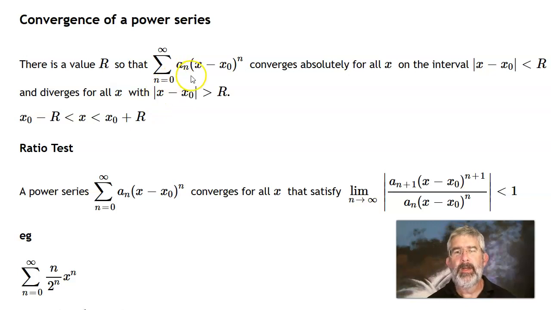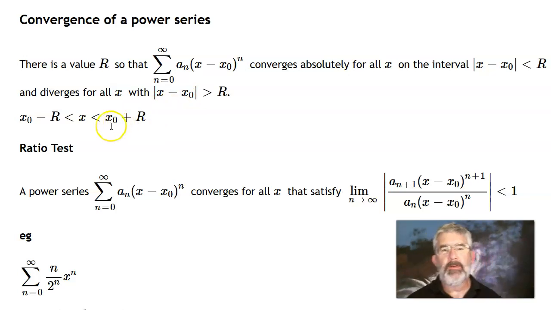We talk about this being the power series centered at x0, because the interval of convergence is actually centered at x0. Notice a couple of things here. In the interval of convergence, on the inside, there's no "or equal to" here, so the endpoints are not included.